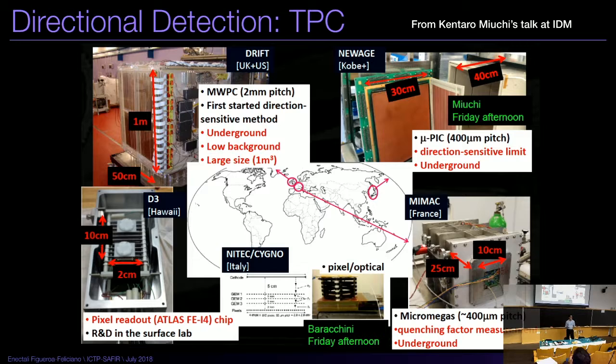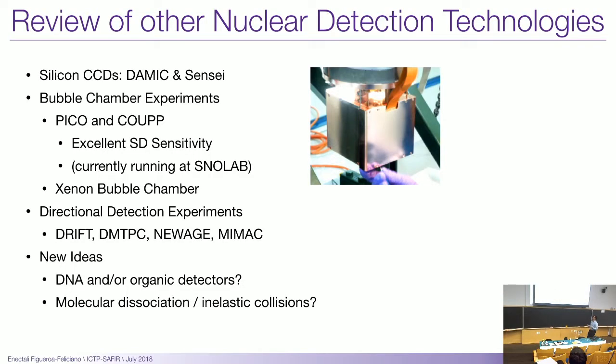Does that make sense? I think it's a good idea. It's very hard to pull off. But if we do find dark matter, then there'll be a lot more money for doing bigger experiments, and maybe this will become something that we can do as a post-discovery measurement.